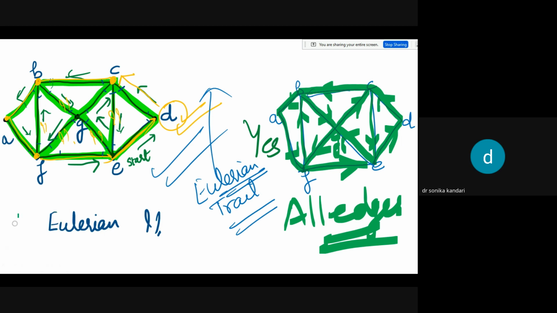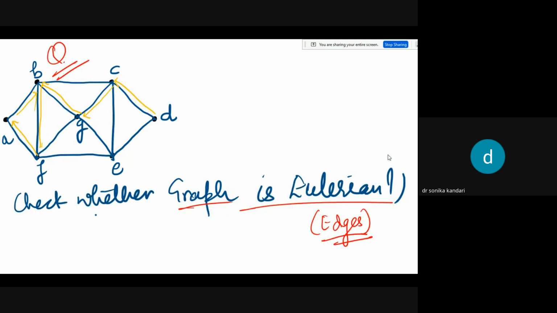What I have done, I have covered every edge exactly once. Every edge is covered. So this is an Eulerian graph. This graph is Eulerian. Is it clear? Class, is it clear? Yes, ma'am.